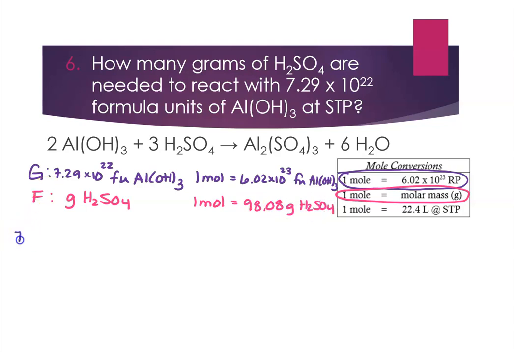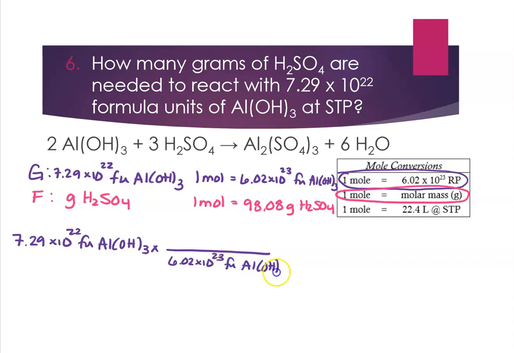So we'll start with what we're given, 7.29 times 10 to the 22nd formula units Al(OH)3. And since we're starting with formula units, we'll put formula units in the denominator. So 6.02 times 10 to the 23rd formula units Al(OH)3, which means we put 1 mole Al(OH)3 on top.